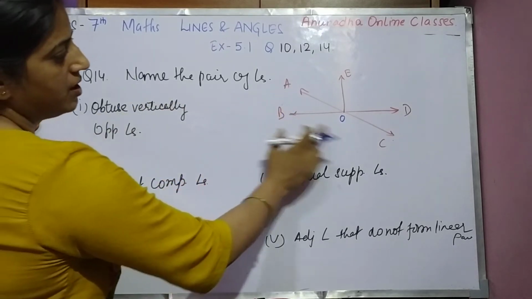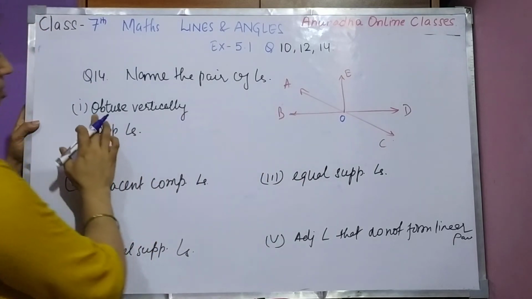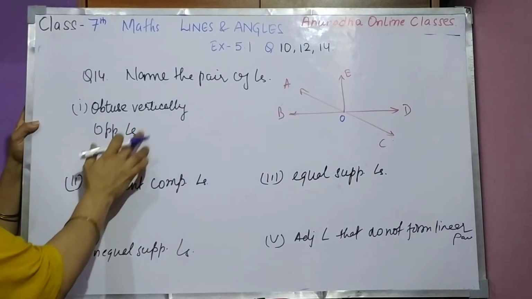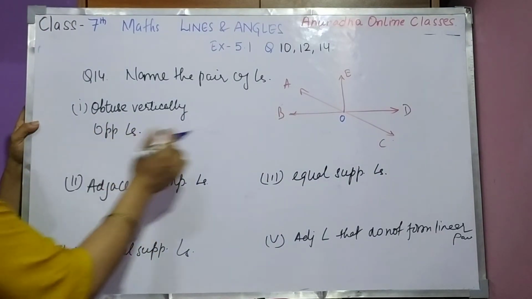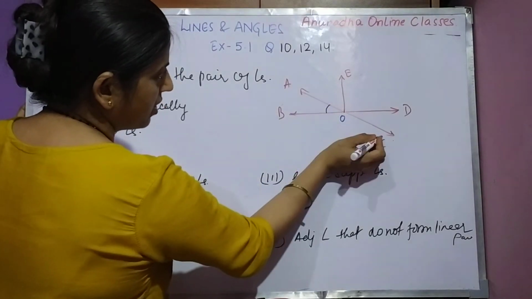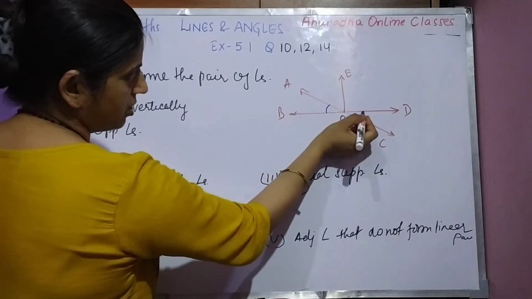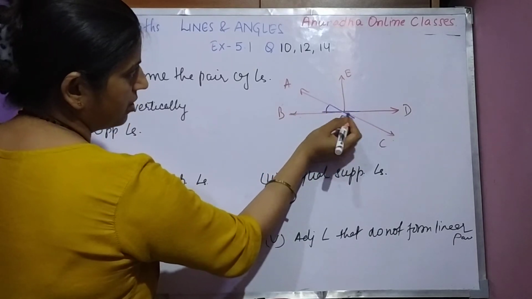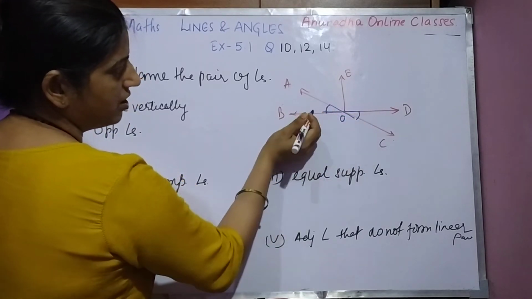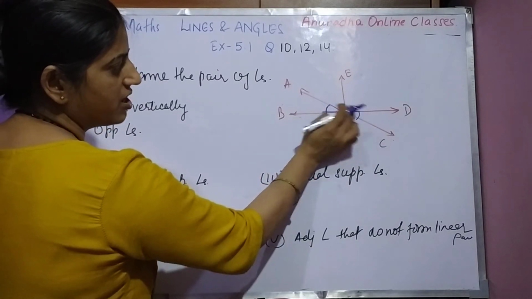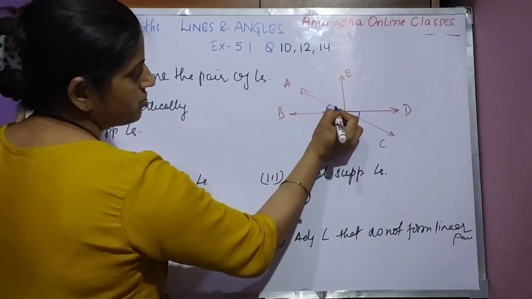Here is A, B, C, D and E, this is O. Okay, obtuse vertically opposite angle. Vertically opposite angle, but that should be obtuse. This one AC and BD, what are these two? Intersecting lines. Okay, this line and this line. So this angle and this angle are vertically opposite angles. But what type of angles are these? These are acute. So what we have to take?